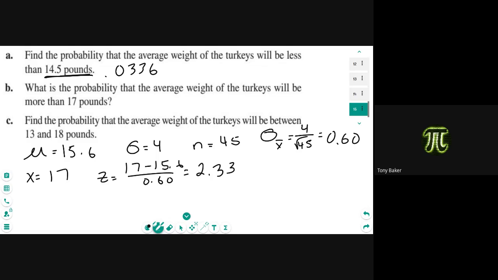3.33 is 0.9901. Is that the number I want? Yes. Kind of. That number's correct. It's not the number I want. I want more than 17. So I have to subtract it from 1. So I have to do 1 minus that.